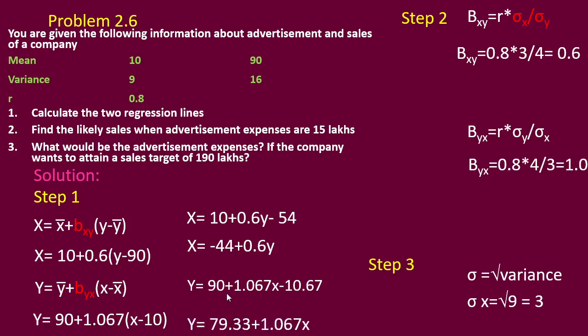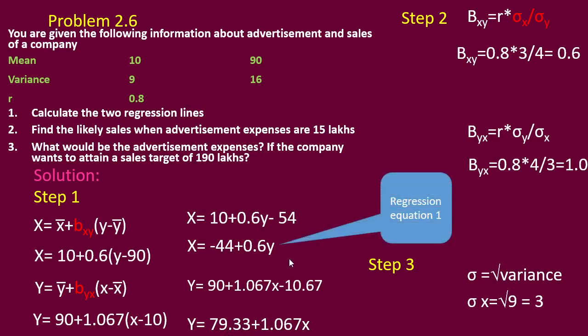So y equals to 90 minus 10.67 is 79.33 and 1.067x as it is. Now we have regression equation 1 and regression equation 2. So the first task, calculate the two regression lines, is over.